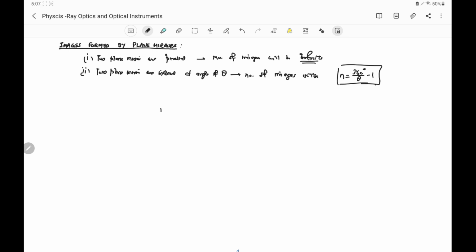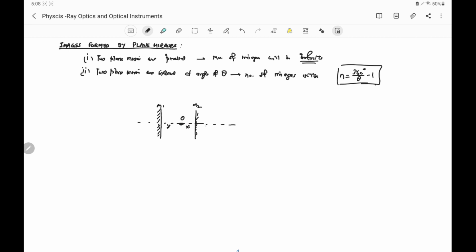Let's take an example of two plane mirrors and an object. This is mirror number 1, this is mirror number 2, and in between there is an object. So there will be infinite images. Suppose the distance of the object from mirror 1 is y and from mirror 2 is x.